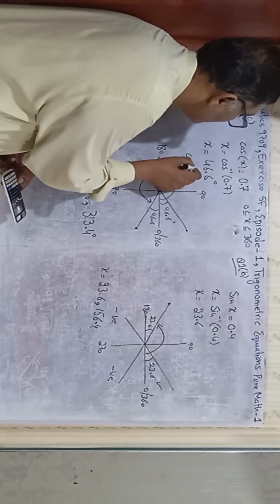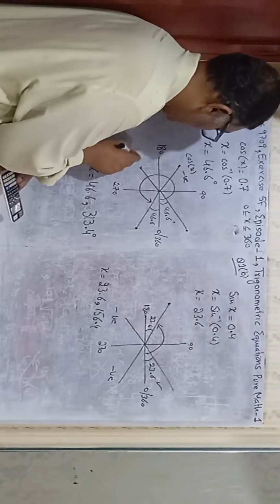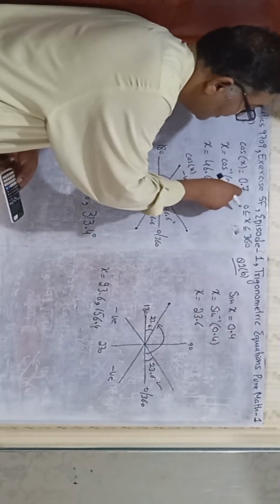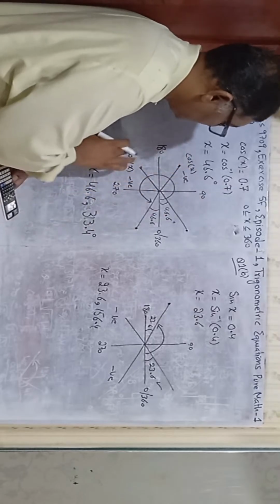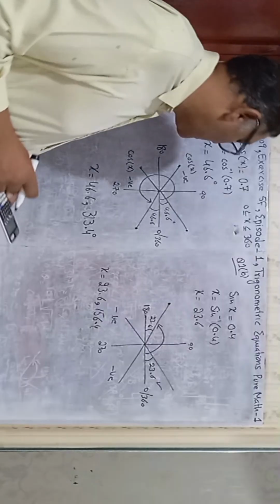Here, the cos of x will be negative, but in the question it is positive, so we have ignored this. We have taken the angle in the first quadrant and the fourth quadrant. So my answers are 45.6 and 314.4 degrees.